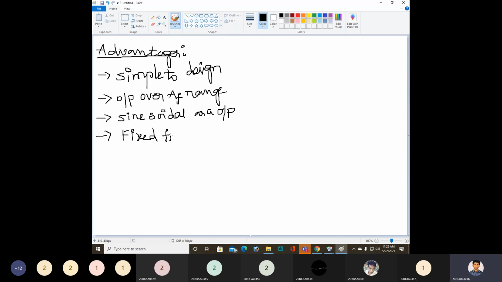So the first advantage is the circuit is simple to design, the second is it produces output over the AF range, the third is it produces a sinusoidal waveform as output, and the fourth is it is a fixed frequency oscillator.